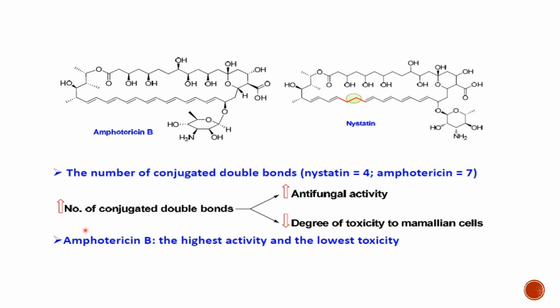Remember that the number of conjugated bonds is directly proportional to the antifungal activity and inversely proportional to the degree of toxicity to mammalian cells. Hence, Amphotericin B has the highest activity, and Nystatin is just intermediate.